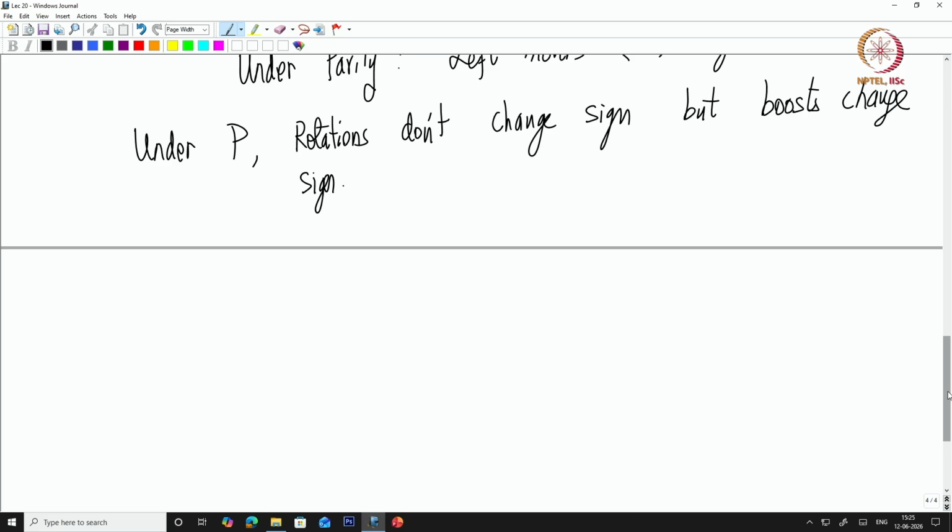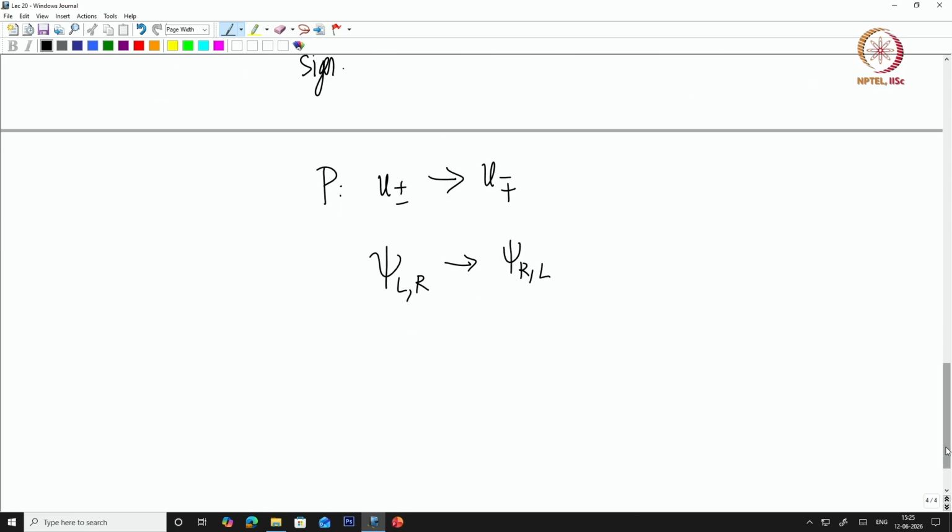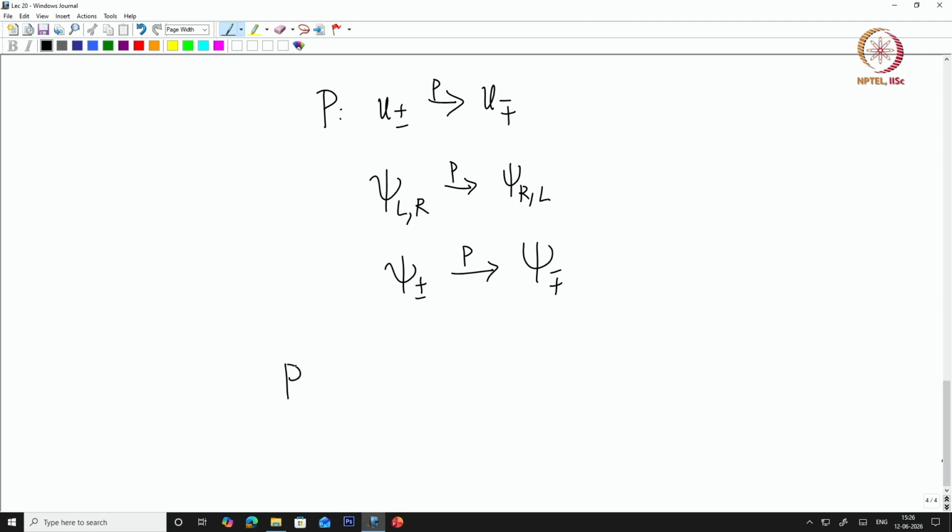So, under parity the same thing happens: you have u plus minus goes to u minus plus, or psi L R goes to psi R L, or in any other notation psi plus minus goes to psi minus plus under parity. So, a left handed particle becomes a right handed particle.